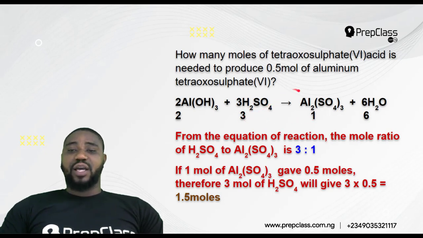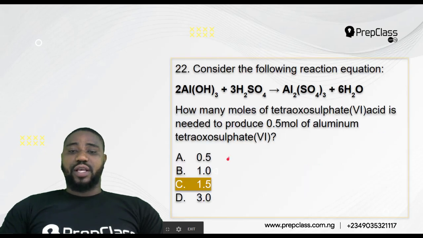So multiply whatever this one is by 3. So 3 moles of H2SO4 will give 3 times 0.5, and that will give you 1.5 moles. So the correct answer is 1.5 moles. Very simple.